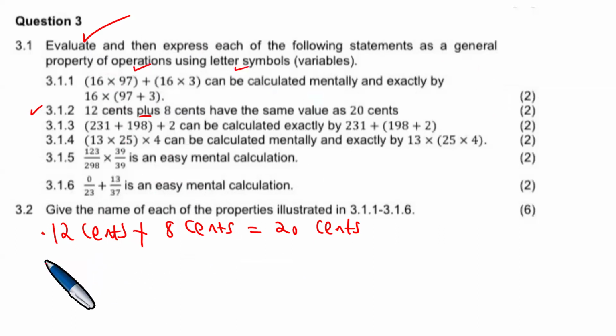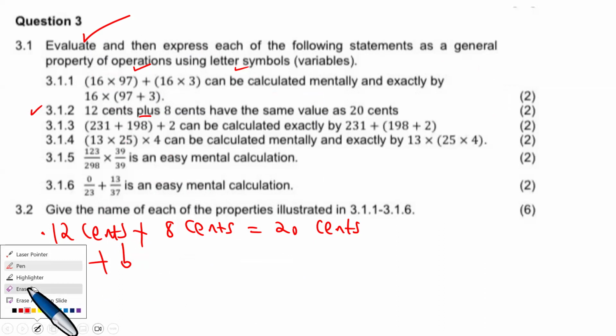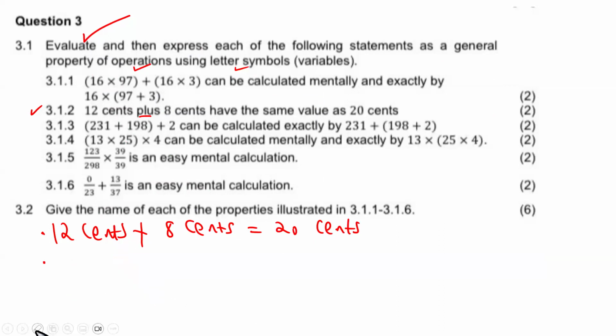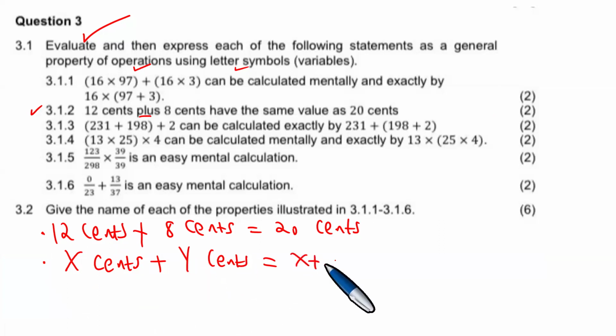So the second part of the question is we use A plus B. It doesn't have to always be A plus B. I mean, we can say X cents plus Y cents. You can use X and Y. And if we had X cents plus Y cents, then we get exactly X plus Y cents.